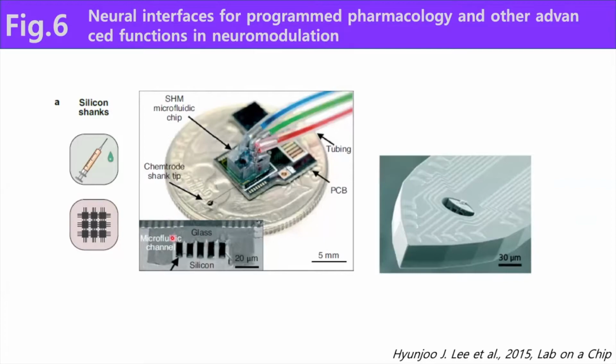We can block each of the 5 channels, then the flow rate is decreased. And this right image is the cross-sectional image. So we can also measure the local field potential through these 16 microelectrodes, and these microelectrodes are around the outlet of the microfluidics.